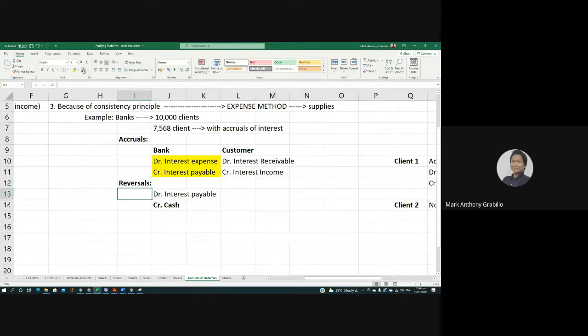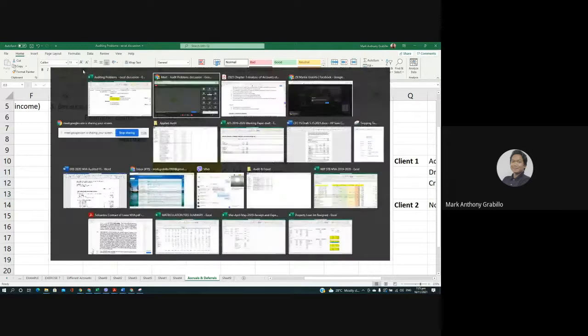Right? So, of course, what do we reverse? This accrual. So, the following year, we reverse it, by a complete reversal of the entry we made on December 31. So, is that right?